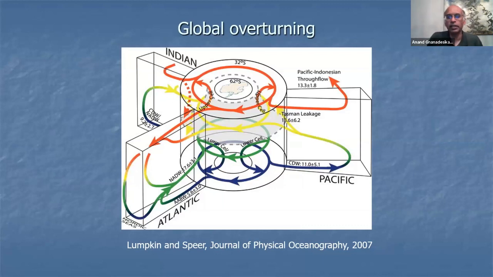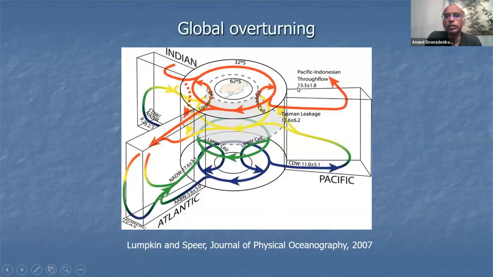Tracer measurements like this, coupled with the geostrophic assumption, or the idea that the tilting isopycnals generate overturning and vorticity, have led to estimates of the global circulation. This is what I use as my gold standard, even though it's 15 years old, showing the overturning circulation in the ocean.